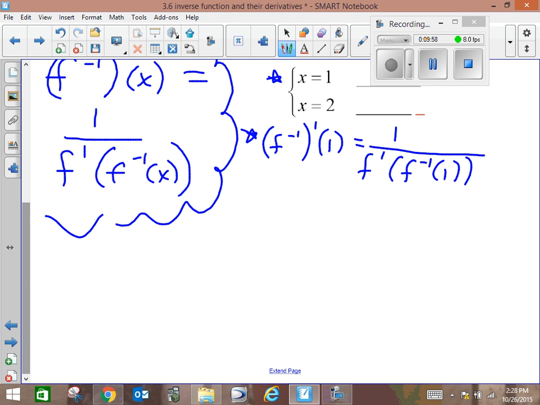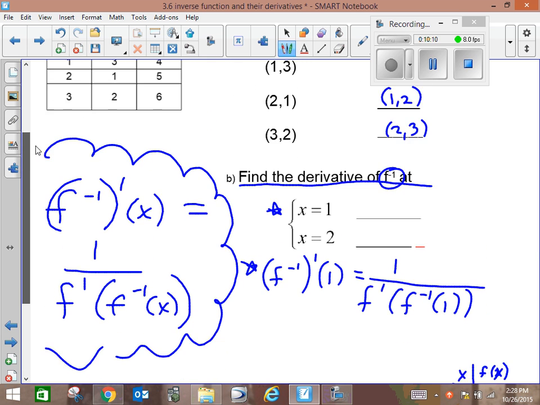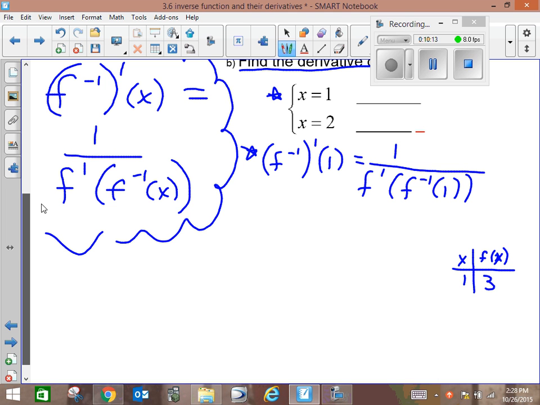Again, I like my little chart. If x is 1, f of x is what? On this particular problem, if x is 1, f of x is 3. But on the inverse, we switch them around. What does that tell us? This means on the inverse function, x is 1.